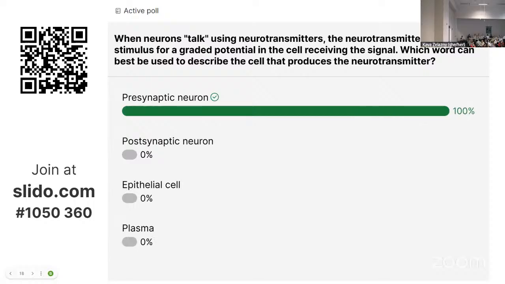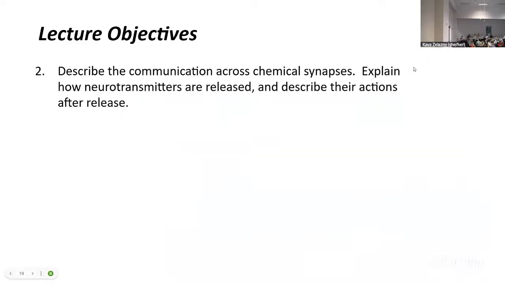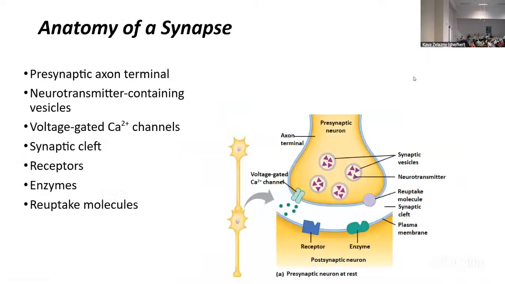Okay, awesome. Yeah. So the cell that's going to be sending out the neurotransmitter is our presynaptic neuron. The cell that's going to be receiving our neurotransmitter is going to be our postsynaptic neuron. So when we're looking at diagrams that look like this, pay attention to the labeling on the cells, because that's going to tell us where we have our presynaptic neuron.